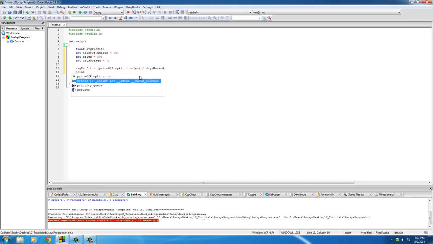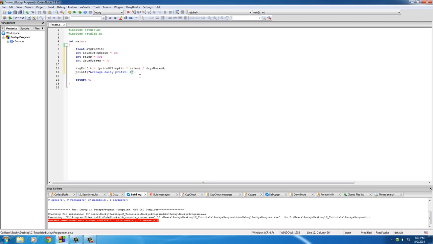So printf, and we'll put average daily profit, and of course it's a float, and we'll use the dollar sign, why not?